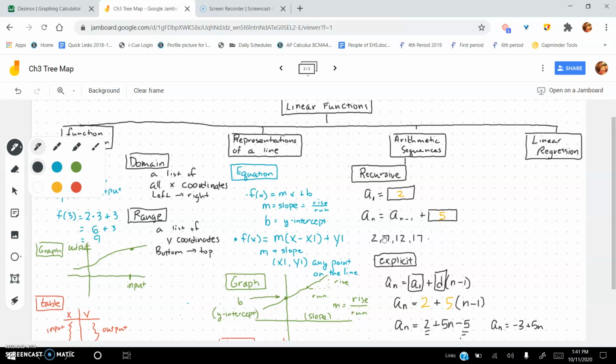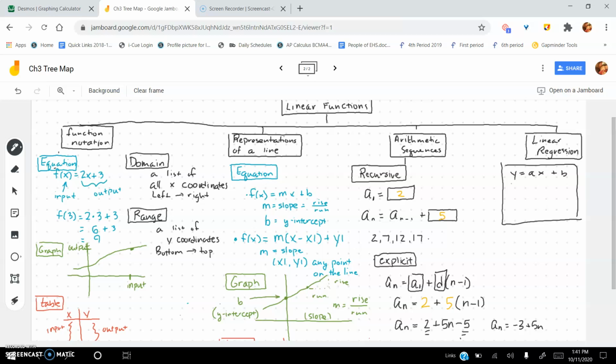All right. And then finally, you did linear regression. Linear regression is going to pop up on your calculator screen for you as y equals ax plus b, and then you'll have an a number, a b number, an r squared number, which you're going to ignore, and an r number, which is your correlation coefficient.